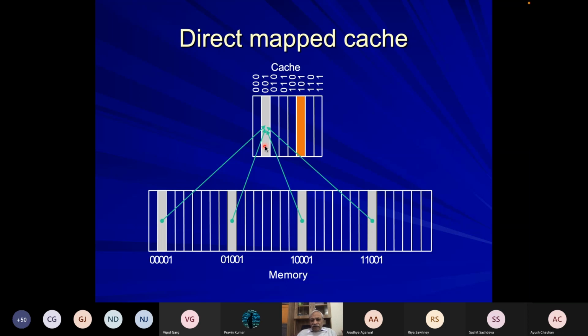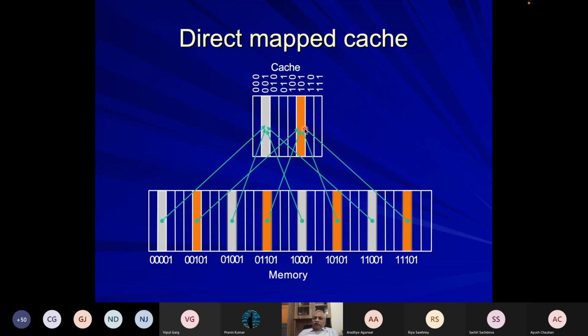And the same thing for another word in the cache and its corresponding words in main memory. So what you need to do is look at the rightmost few bits of the memory address and check in the cache if that word is there or not.